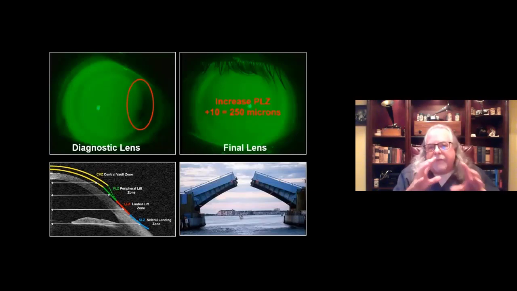Do we have adequate clearance 360 degrees around on this bulging graft? And here we can see that, well, maybe not. Here we're going to want to increase that a little bit more to create that clearance over that highly elevated spot in the peripheral cornea.